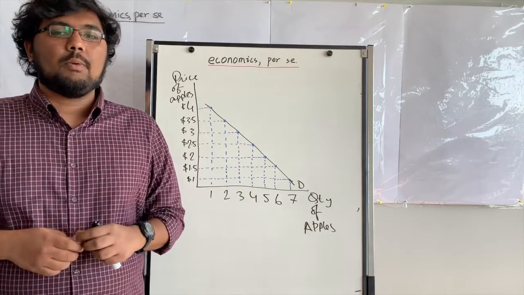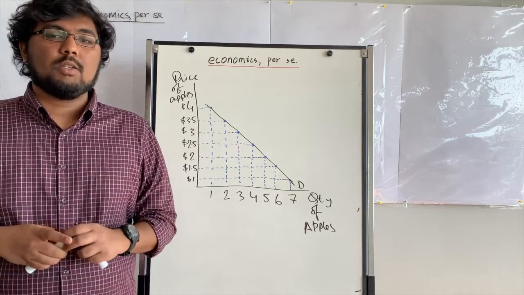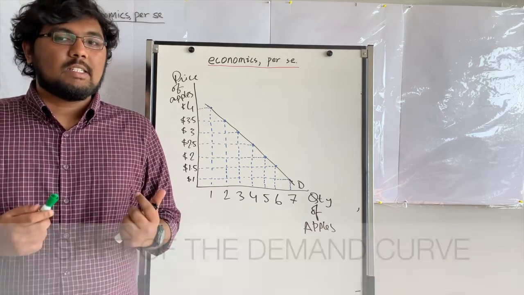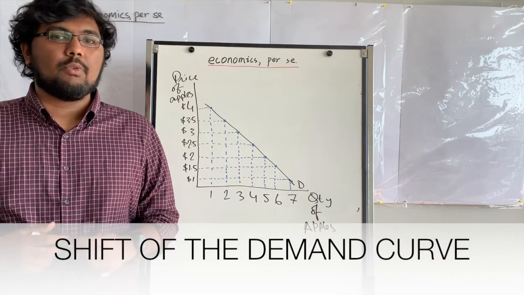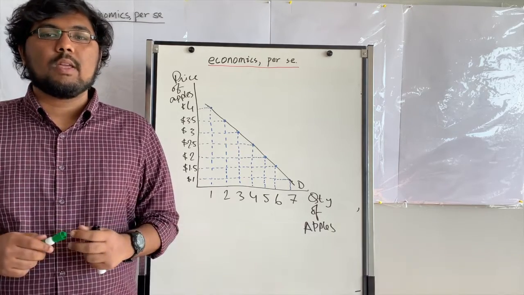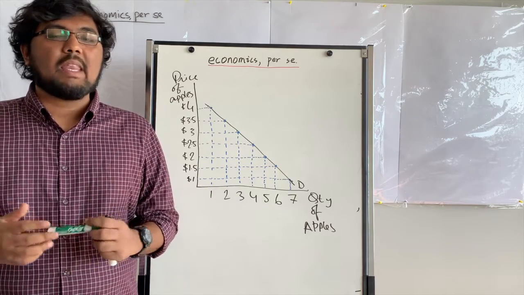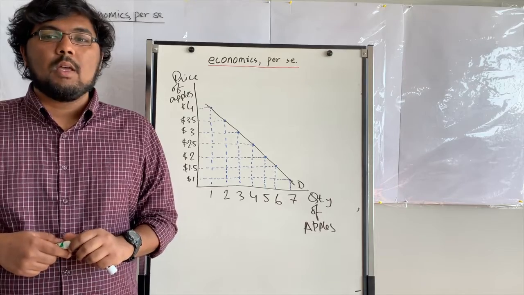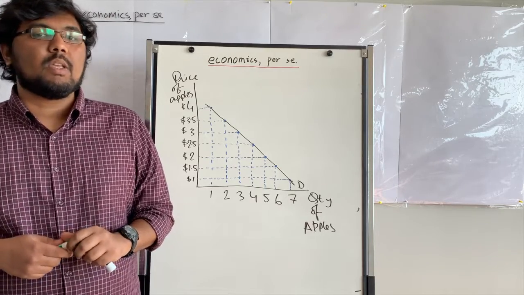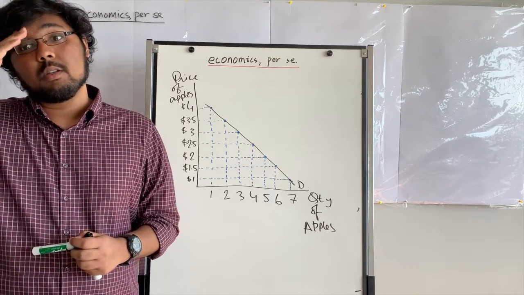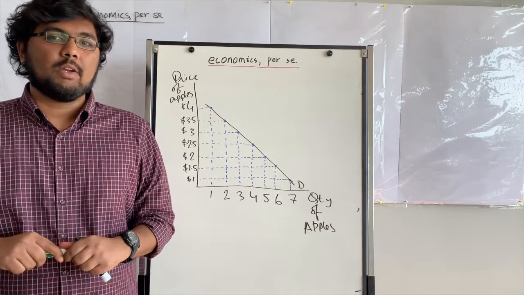Another type of change that can come to a demand curve is a shift of the demand curve. The shift of the demand curve is a change in the quantity demanded at any given price, represented by the shift of the original demand curve to a new position, denoted by a new demand curve.